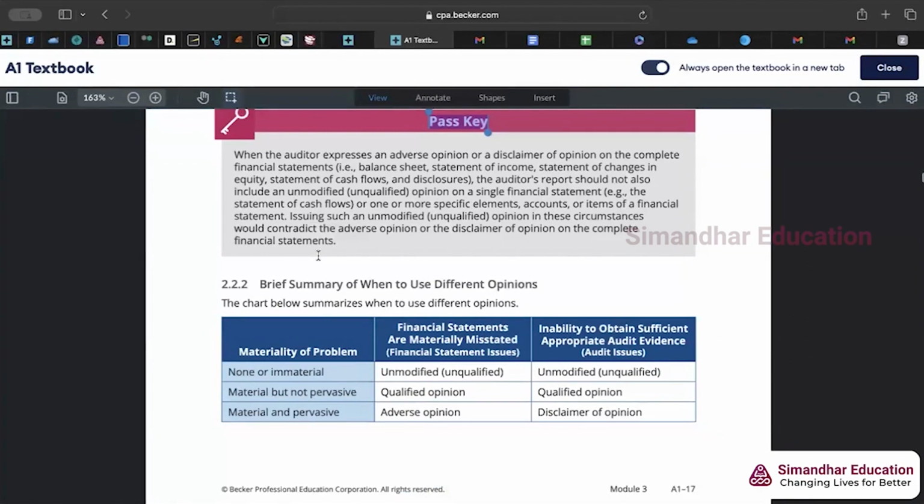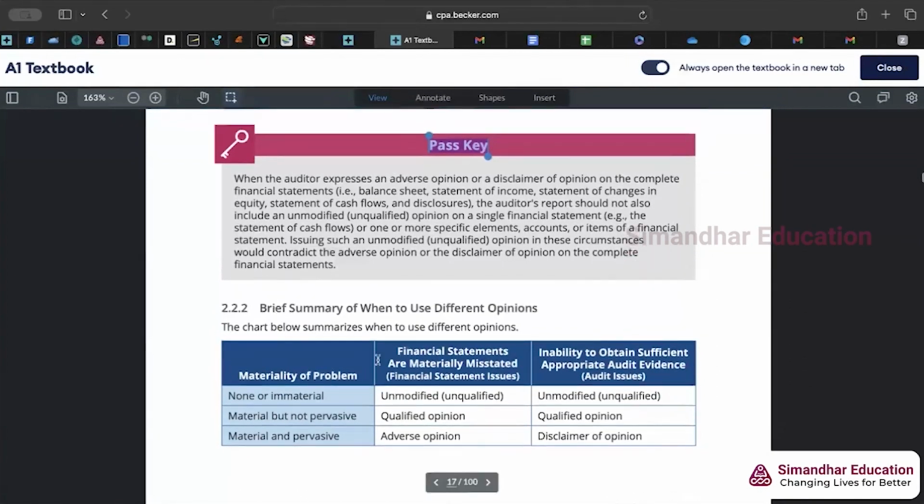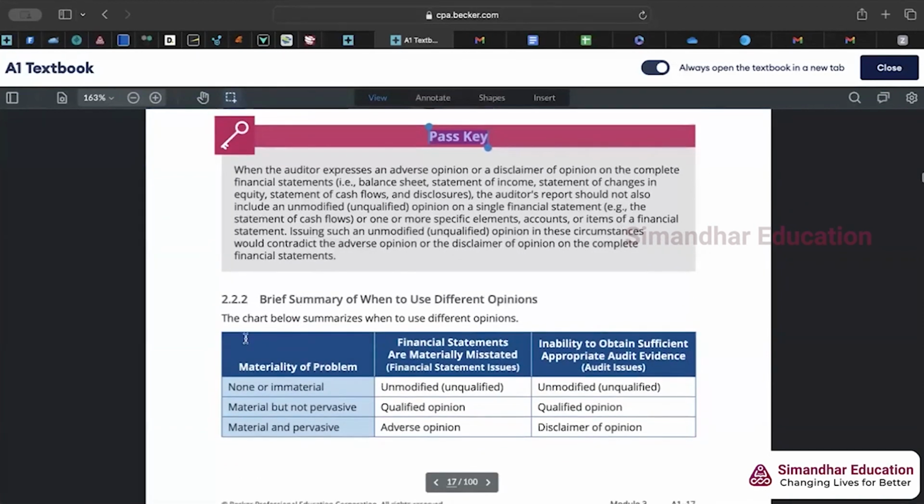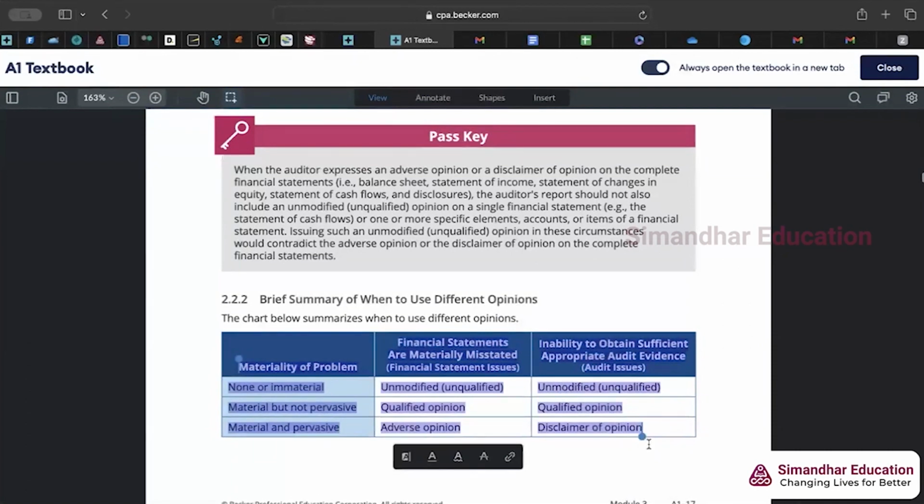Okay, moving on. Let's go back to the summary of different opinions. Now, we will talk through each opinion in detail, how it looks for issuers, for non-issuers with examples. Now, we are going to talk about a summary of all the opinions.